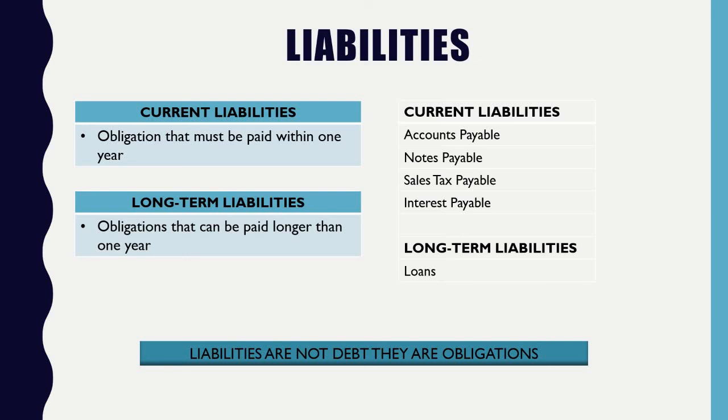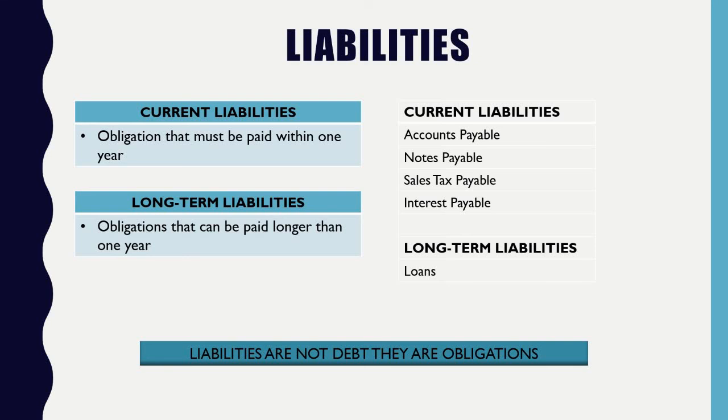Okay, so most current liabilities usually have a lifespan of less than a year, so less than 12 months. So obviously, if you are making purchases from somebody, you usually have 30 days. That is something that you are obligated to pay in a short amount of time.